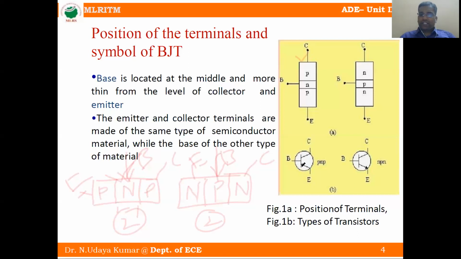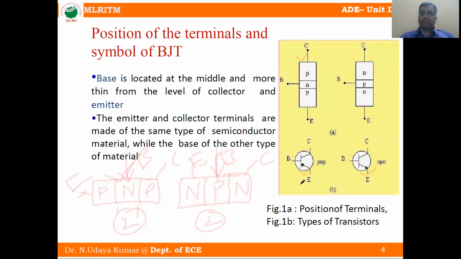The arrow goes inward in PNP, and in NPN it is outward, forwarded to outside. This arrow mark we call the conventional current direction. So a BJT, or transistor, is a three-terminal device.